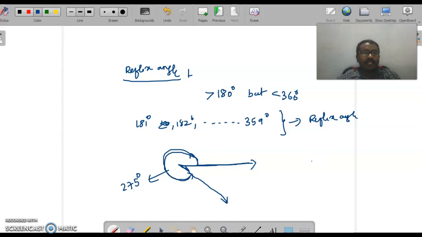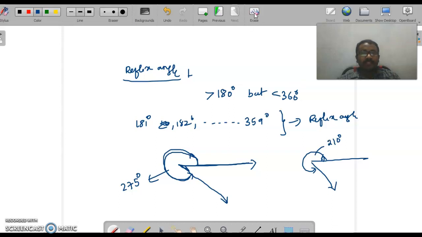If I take another angle like this, okay, when we rotate this angle it can measure as 210 degrees. It means that we can take the angles from 181 to 359 degrees. Such type of angles we can name as a reflex angle. It should be greater than 180 and less than 360 degrees. Okay, so I hope you understand this concept.